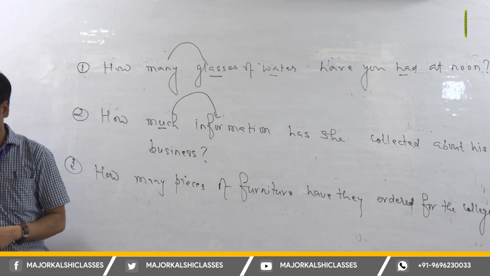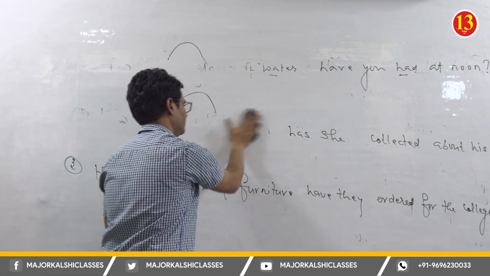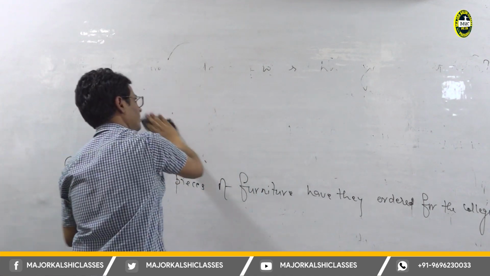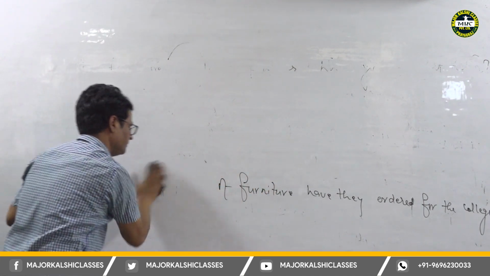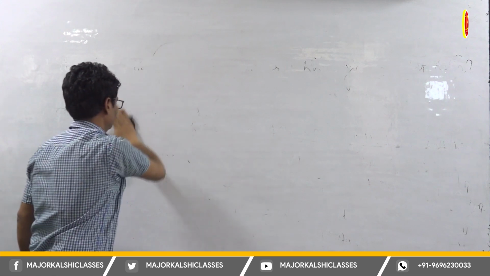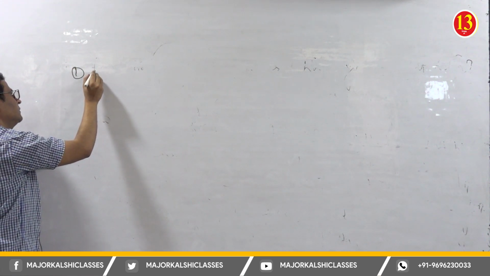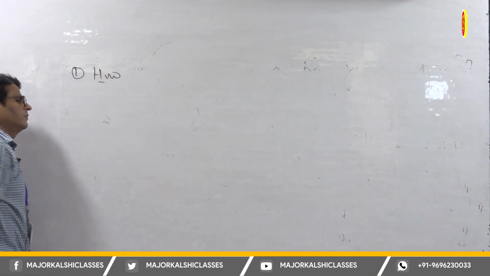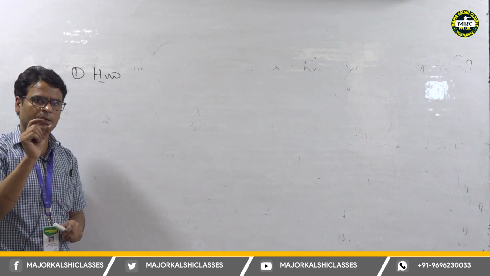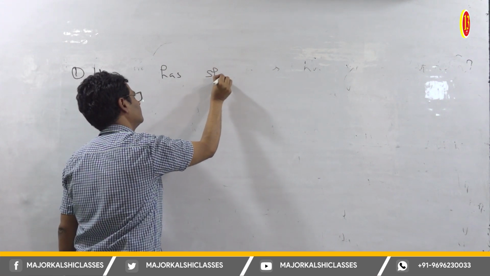Okay, and now I will just give you 2 or 3 examples more. I hope you got it properly. Okay, suppose that, one more example, only how, not many or much, I am going to give you an example with only how.